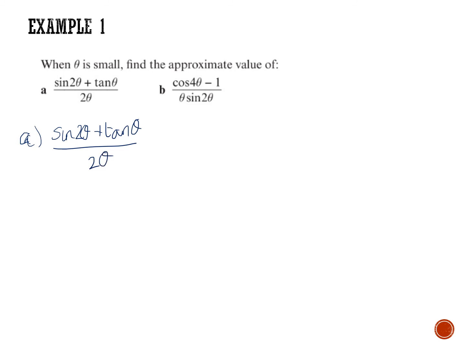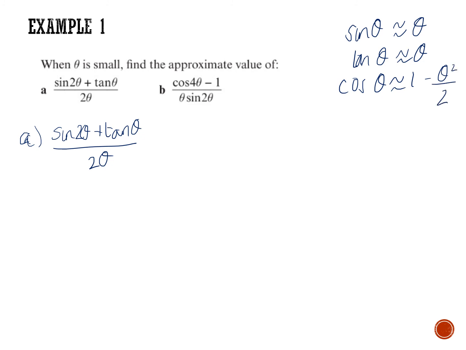Okay, you'd look up in the formula book. These are our approximations for small theta. Sine theta is approximately theta, tan theta approximately theta, cos theta approximately 1 minus theta squared over 2. Okay, so let's in turn replace all of the things in here, using the approximately equal to little squiggle there.